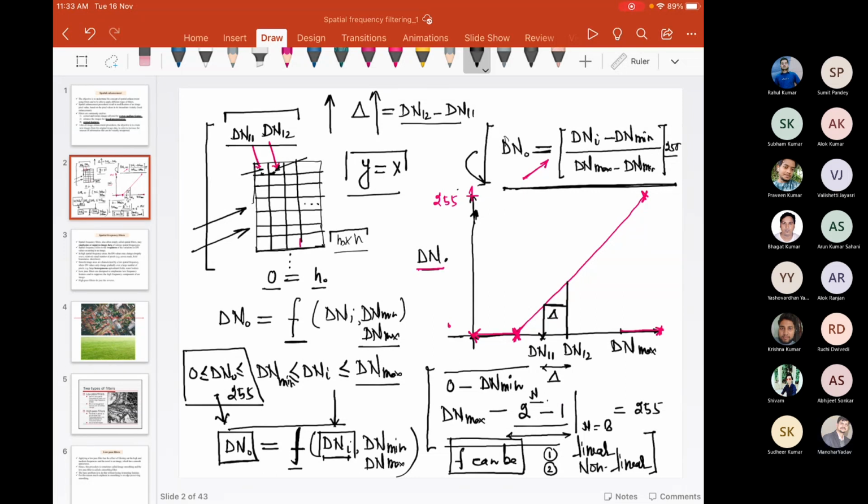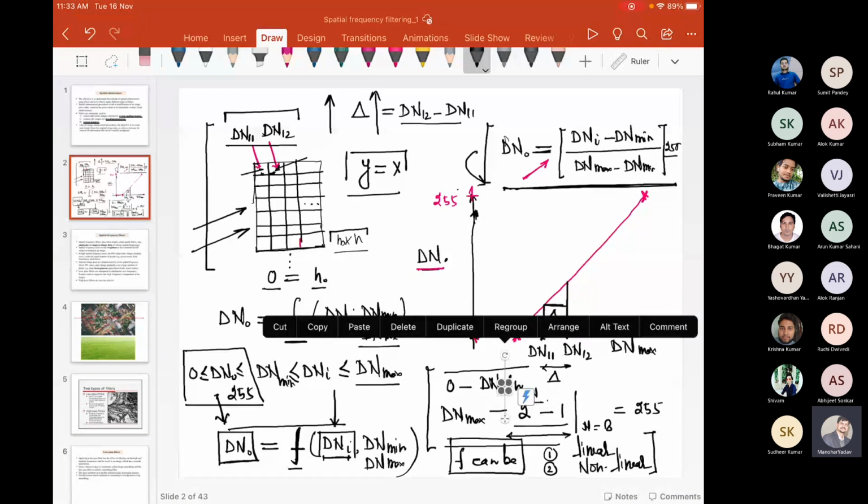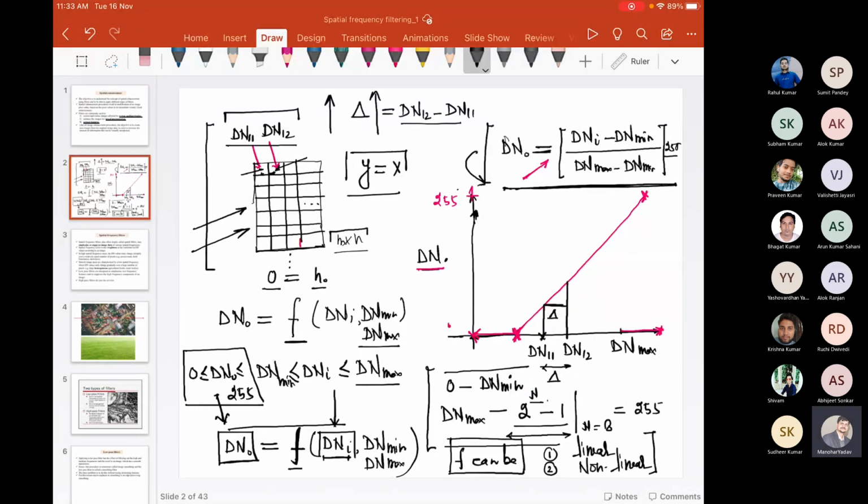Now we'll see what is the difference corresponding to the modified DN11 and DN12. So we have a modified DN11 dash, and the second one is modified DN12 dash. Now we'll see how this difference is propagated in the output image. So we have a difference over here, that is delta dash.